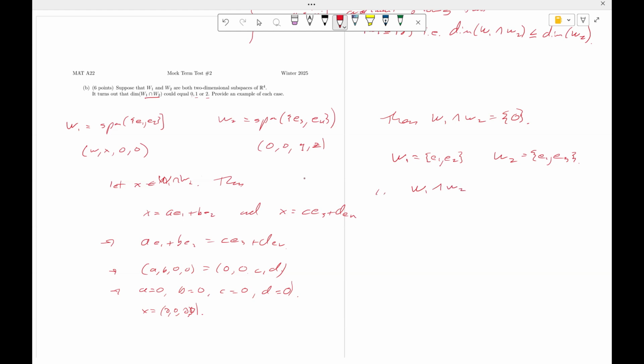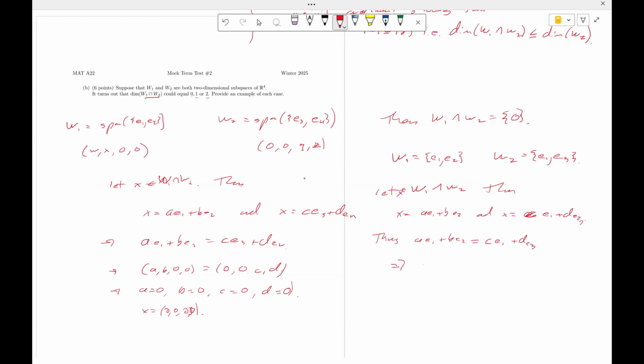Well, let x be in W1 intersect W2, then x equals a E1 plus b E2, and x equals c E1 plus d E3. Thus, a E1 plus b E2 equals c E1 plus d E3.